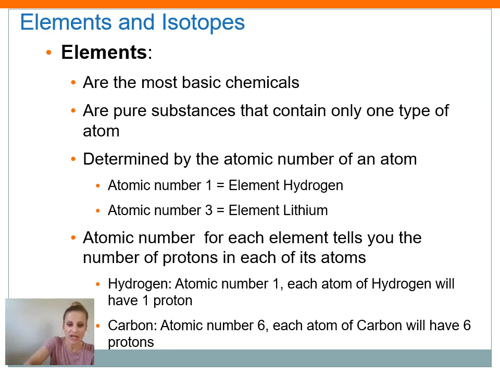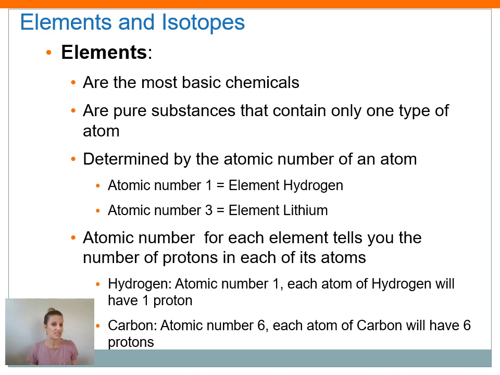So hydrogen. We said hydrogen was atomic number 1. That means that every atom of hydrogen has 1 proton. Always. If it does not have 1 proton, it is not hydrogen. The number of protons that are present in that atom will never change.